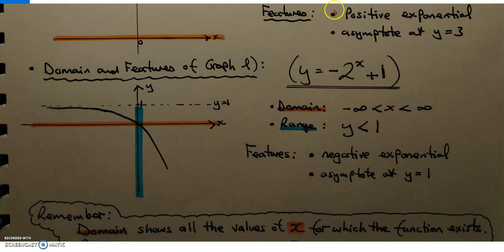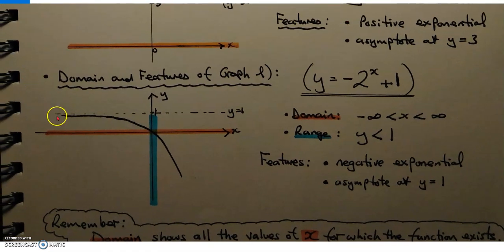The last one, remember, there was an asymptote at y equals 1, and it's doing something like this. And this one you would describe as a negative exponential, and you would then say that the domain is all the values along the x-axis.